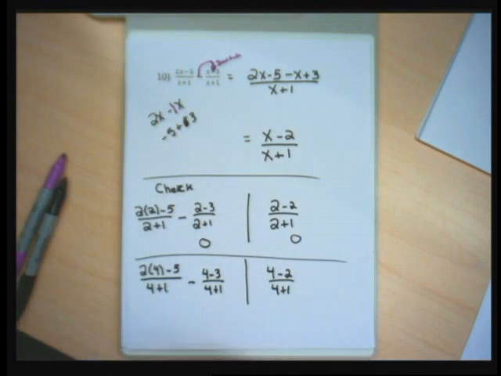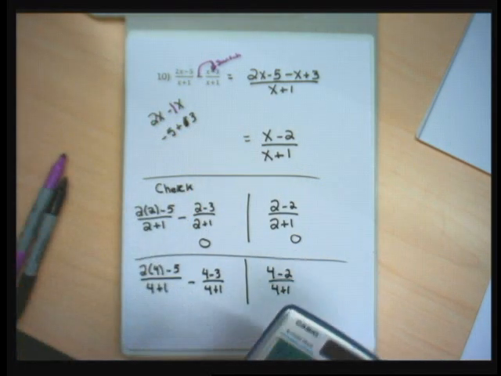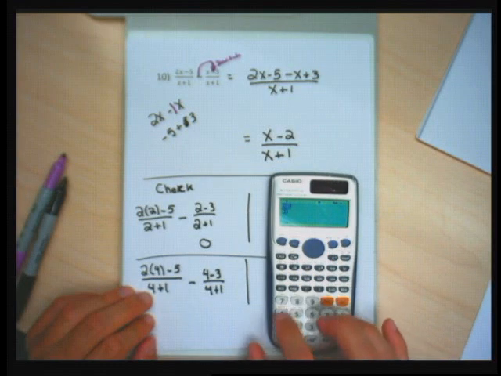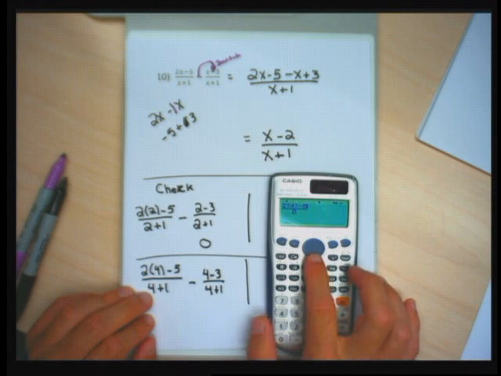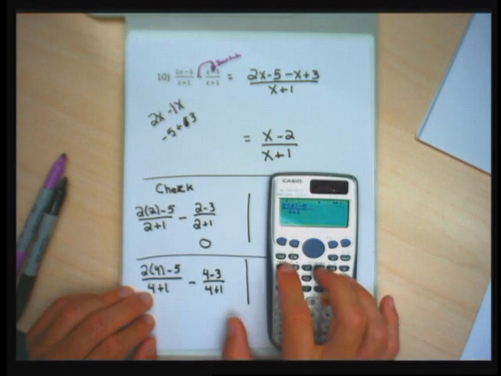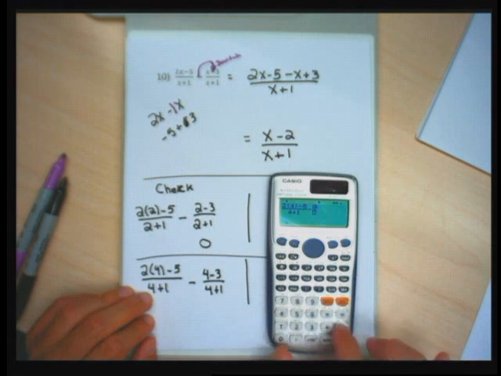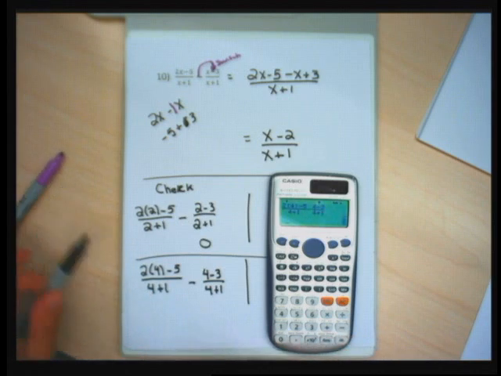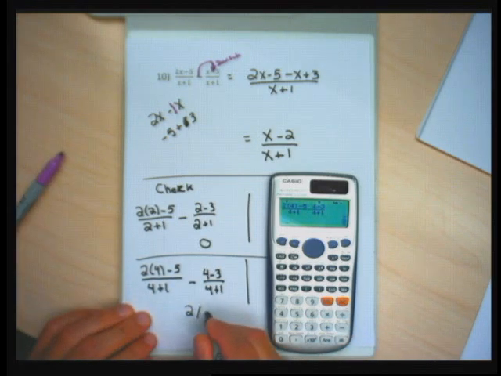Just because I got a 0 and 0 is too trivial of an answer, I'm going to check another number and make sure I get the same number again. And if I get the same thing twice, then I'm feeling much better about my work. So that's putting 4 into the original problem for the x's, and when I do that, I get 2/5.